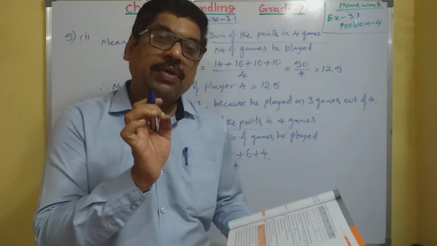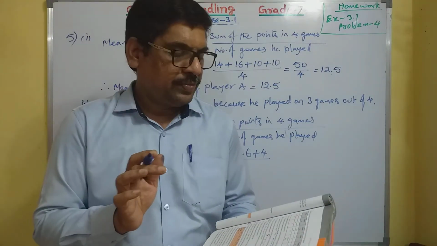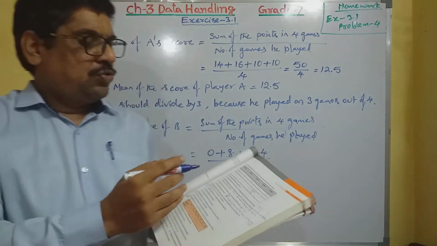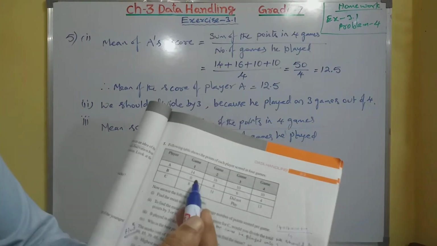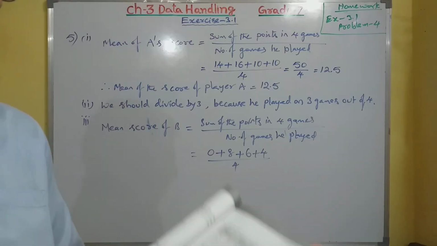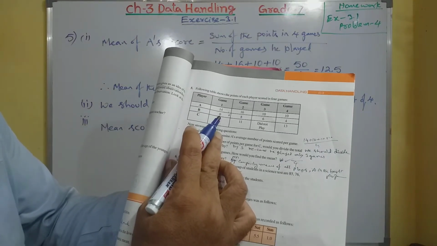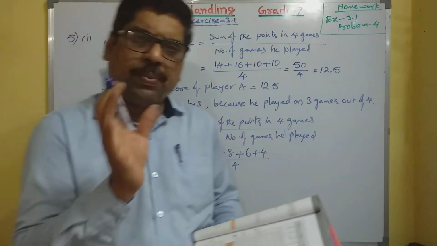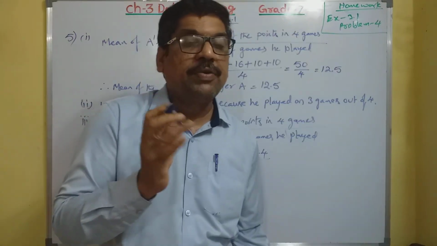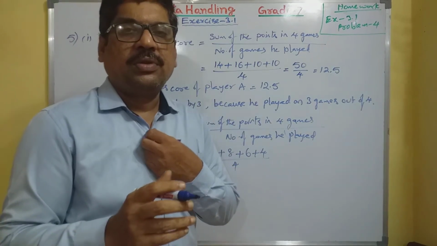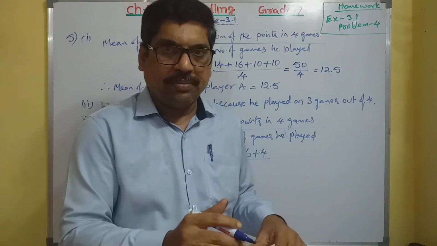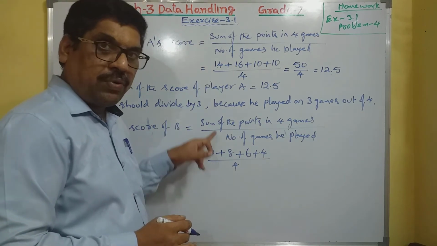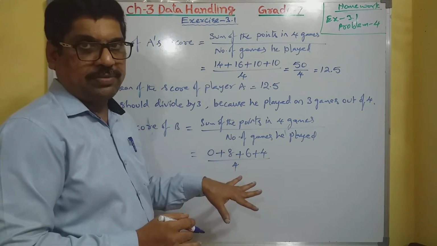So you may get a doubt whether we have to divide by 3 or by 4. Even though he got 0 points in the first game, the player B has got only 0 points, but he participated. So he played the game. So we should divide by 4 only. We should take the 4 games. Why?